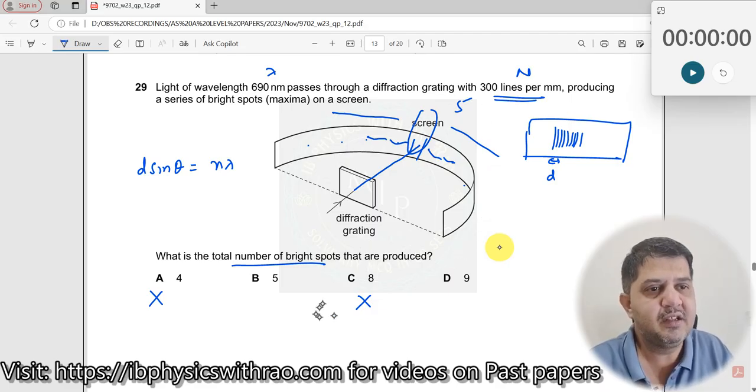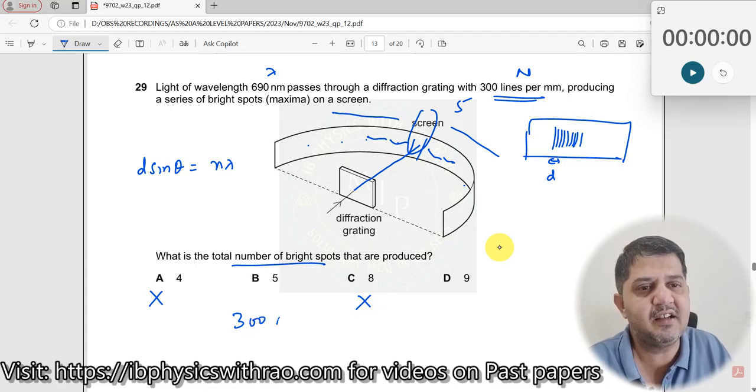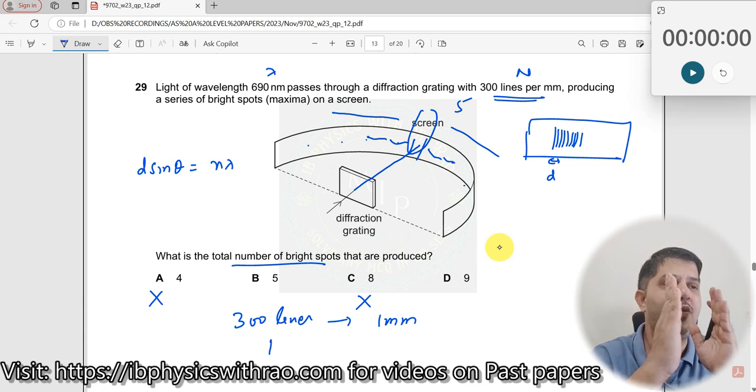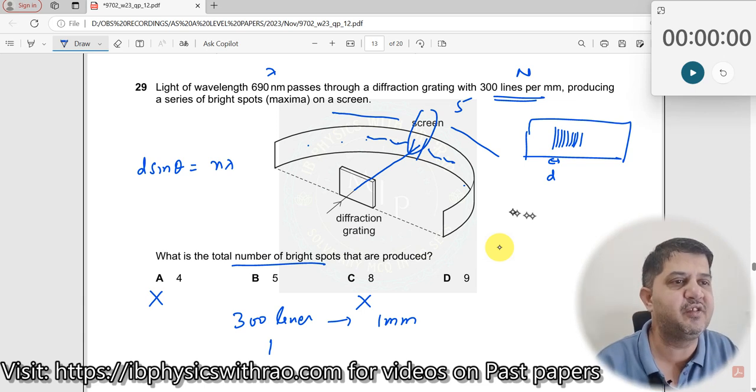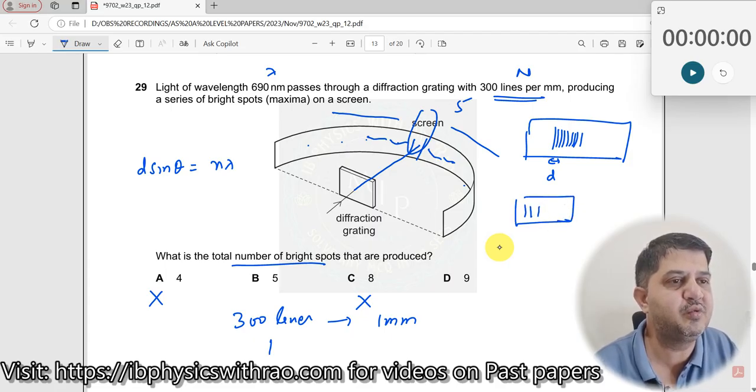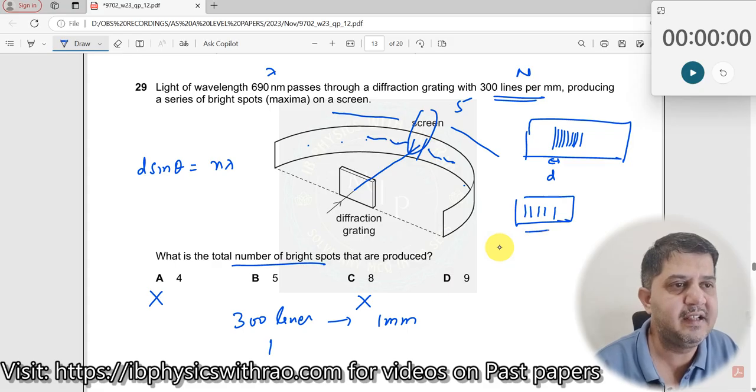So if there are 300 lines in 1 millimeter, then what is the distance between one line and the other?